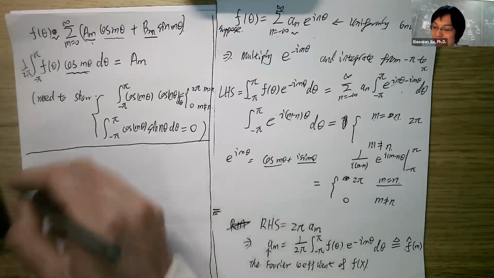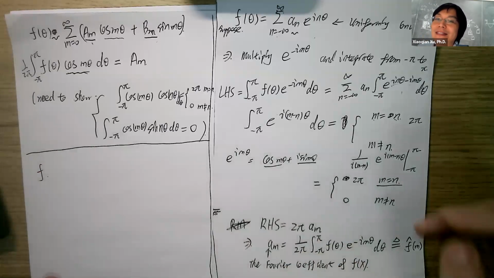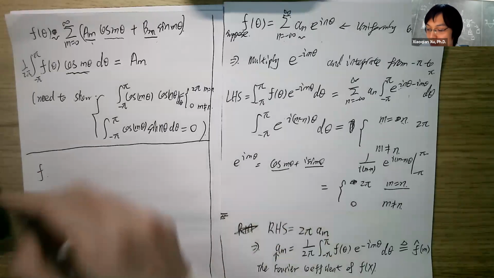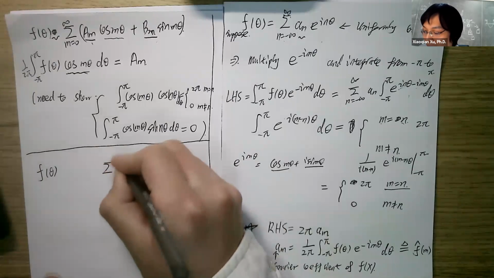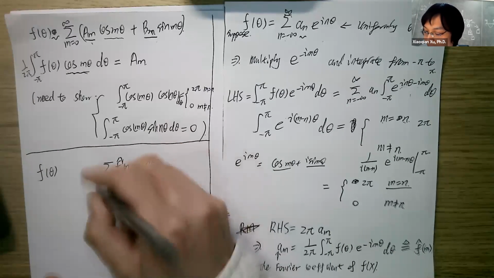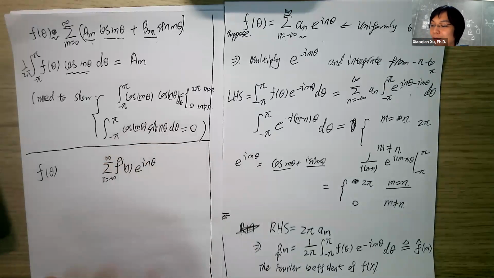So right now we say that if you want to find those kind of sequences formed by sine, cosine, or e to the i n theta, such that it converges to f, then it must be the sum of f hat n e to the i n theta from minus infinity to plus infinity. It must be in this form.